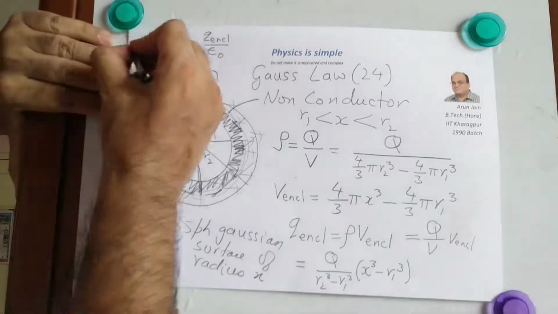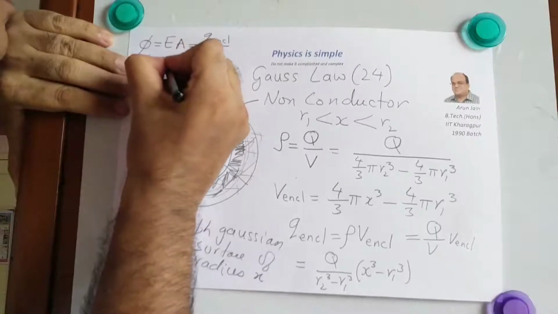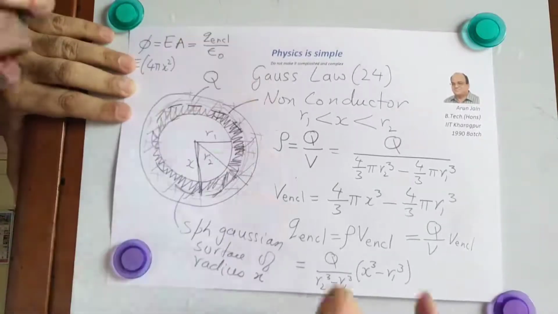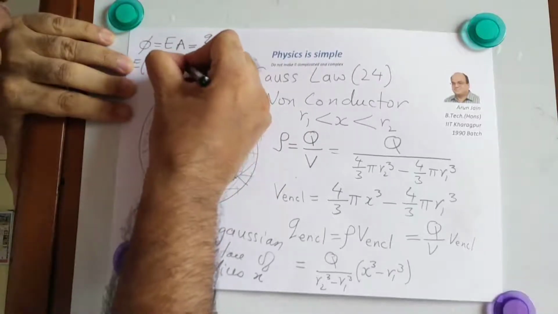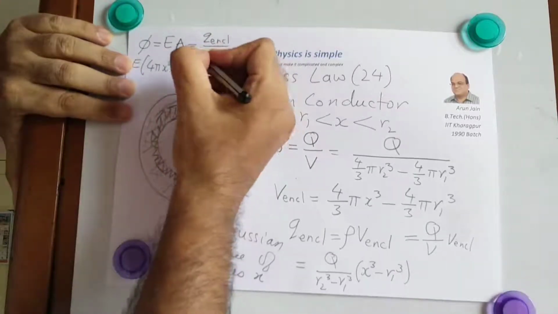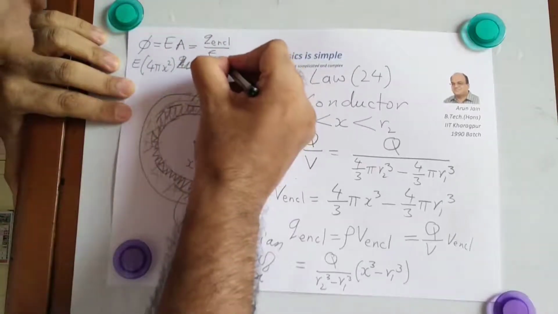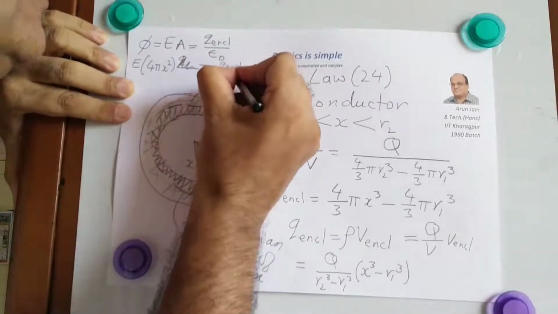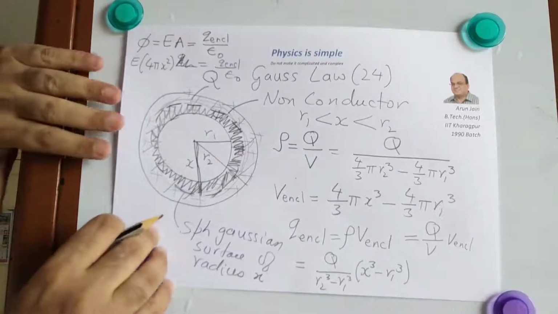So therefore, E into 4 pi x square, Q enclosed is this. Okay, we can write that. E into 4 pi x square will be equal to Q enclosed by epsilon naught. Okay, that is what is Gauss law.